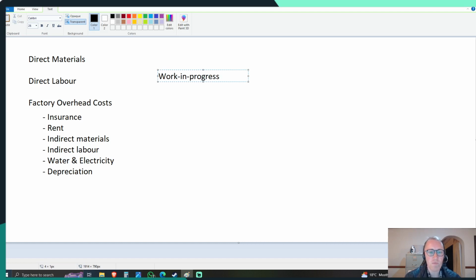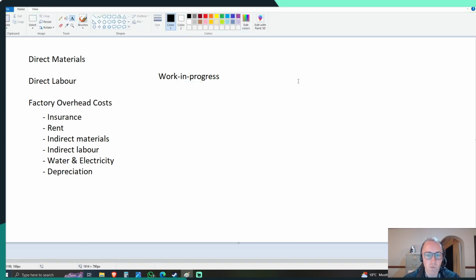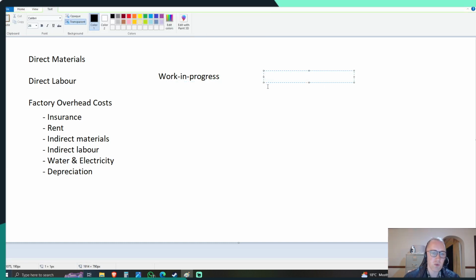That is how many partially completed units have we produced this year. And then, once we have completed, how do I say this? I will explain how. But at a certain point, you say, okay, this is how much work in progress became finished goods stock. And so then you have finished goods stock.